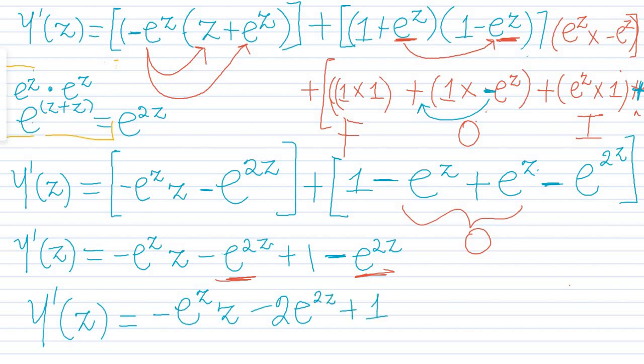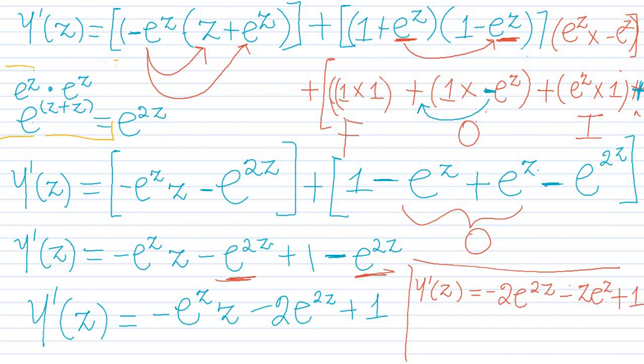So our final answer becomes y prime of z equals negative 2e to the 2z minus z e to the z plus 1. So this is the answer. This is literally your answer. Nothing super wow. This is it. This is basically your answer.